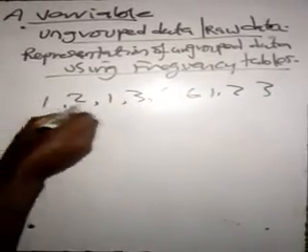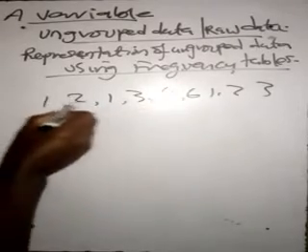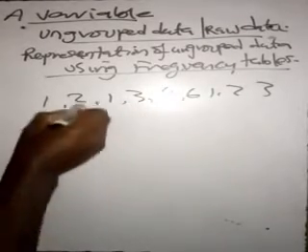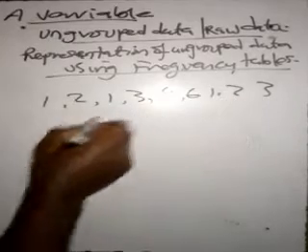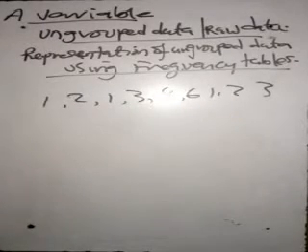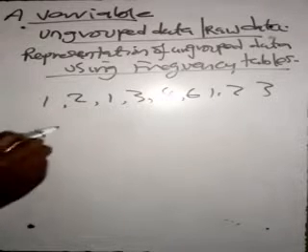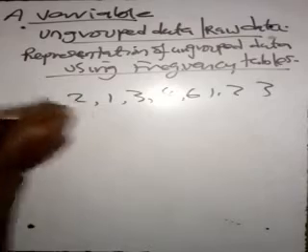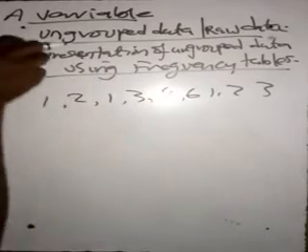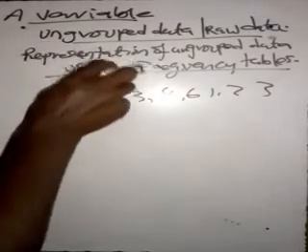So when we come to the issue of frequency, to avoid repetition, we count the number of times each value occurs. That is where we talk about representation of ungrouped data using a frequency table, so that we avoid the repetition and summarize. Now, what is frequency?